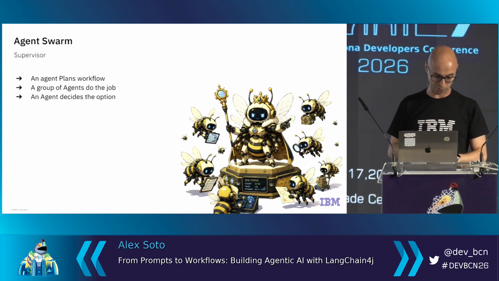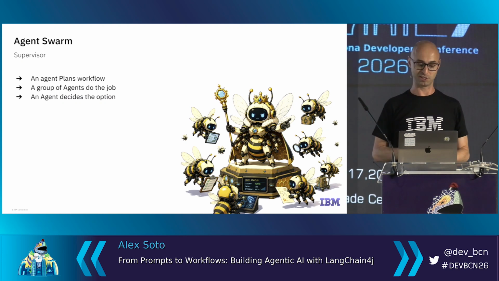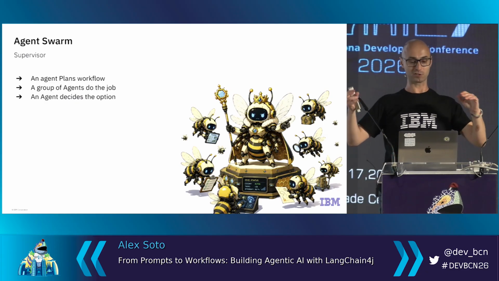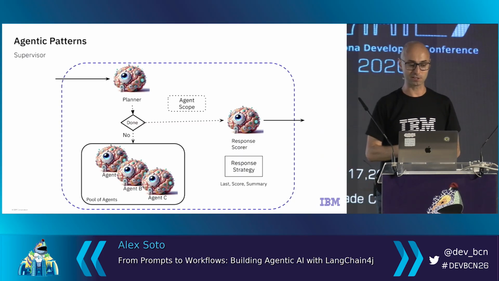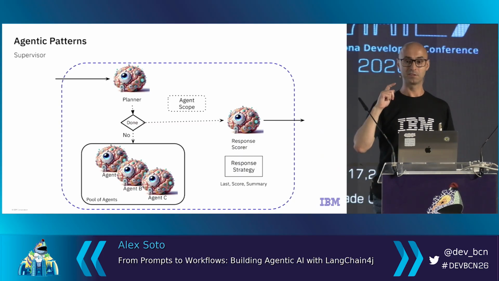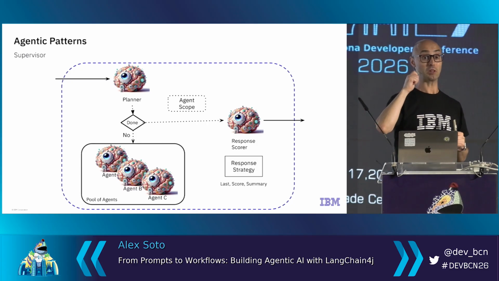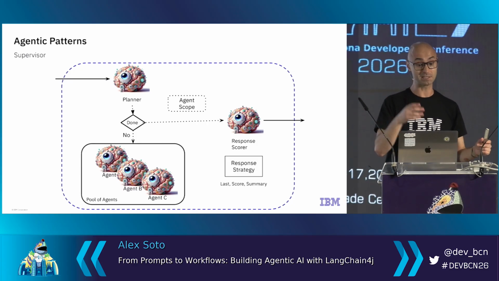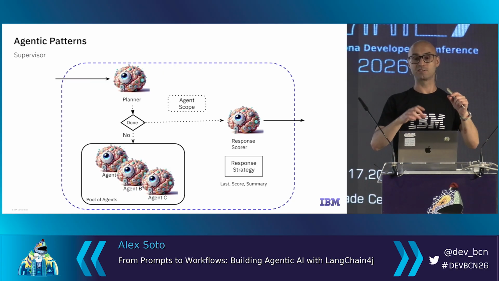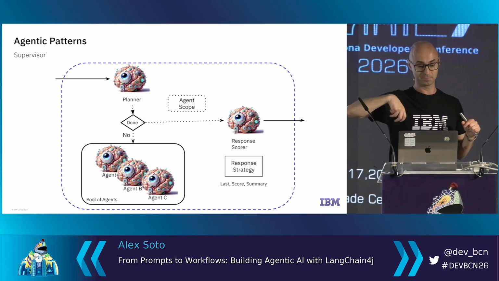So another pattern that I love about agents is the supervisor agent. Basically, I've got an agent that has a list of agents, right? And then the supervisor says, hey, planner, the user asked me this question. And you've got all these agents, and see that these agents can be remote or not. I know that these agents do this and that.